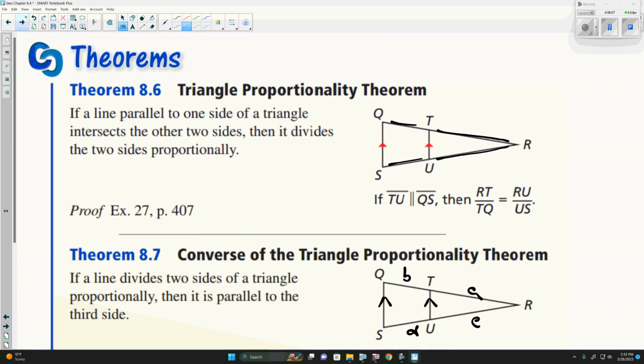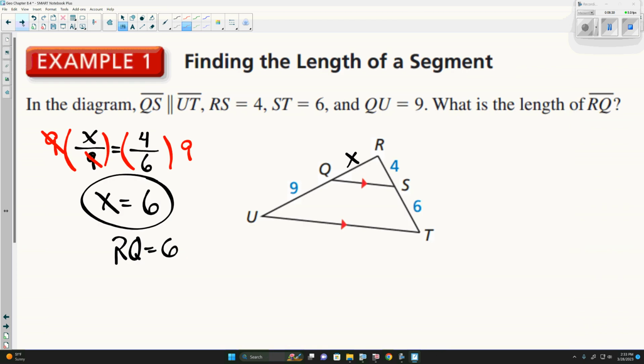Because if a line is parallel to one side, as with TU and QS, and intersects the other two sides, then it divides the two sides proportionally. So this part over this part is going to be proportional to C over D. Yep, so it divides the lines proportionally.